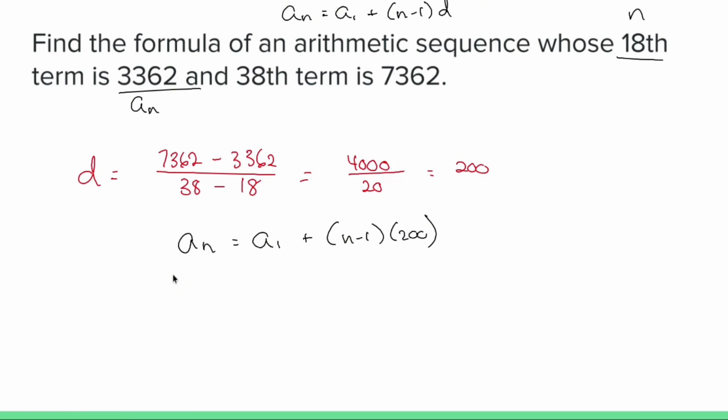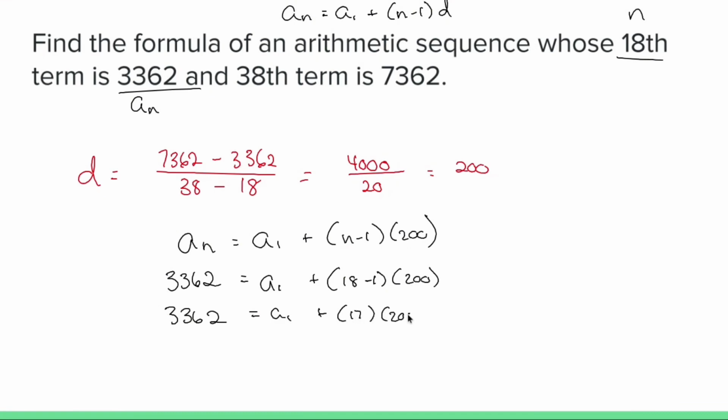So a sub n, 3362, is going to equal a sub 1, which is what I'm trying to find, plus n, which I called 18, minus 1 times 200. So a little bit of Algebra 2: a sub 1 plus 17 times 200 is going to be 3,602.